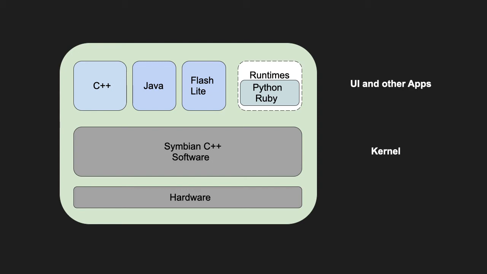The choice of C++ as the Symbian native code was driven by the following factors. First, because of limited resources.